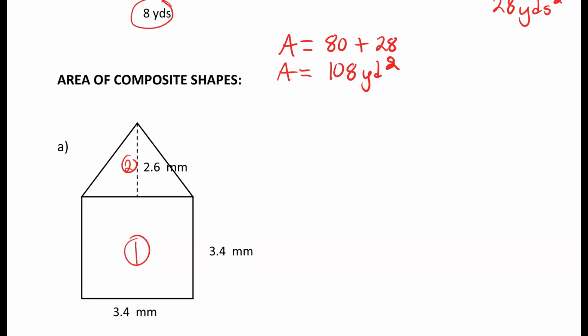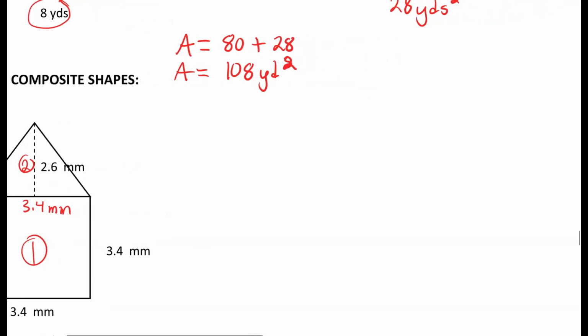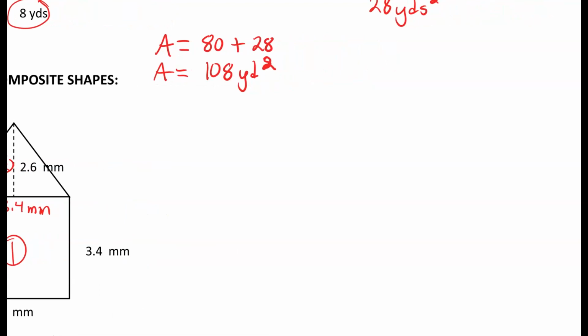Now, we already have everything listed to calculate the area of the square. We also have everything listed for the triangle. We need to use the 3.4 millimeters as the base of that triangle. So we have to do area of a triangle and area of the square to calculate.